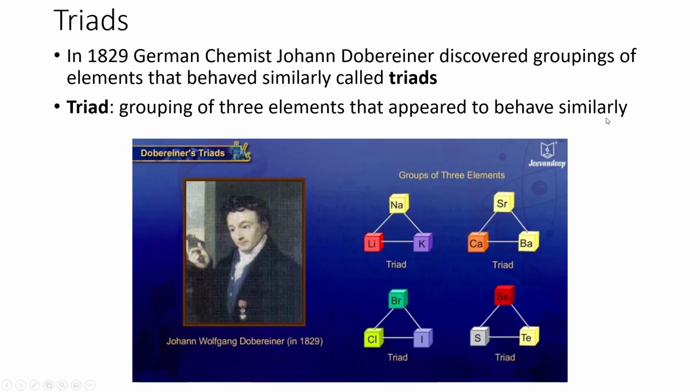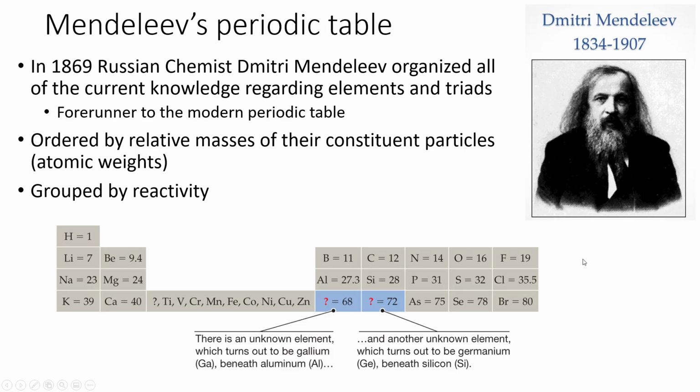So Döbereiner realized that sodium, lithium, and potassium all had a very similar appearance and also a similar chemical reactivity. The same thing for strontium, calcium, and barium, bromine, chlorine, and iodine, and so on and so on. So these triads help to organize these different elements that existed on Earth.